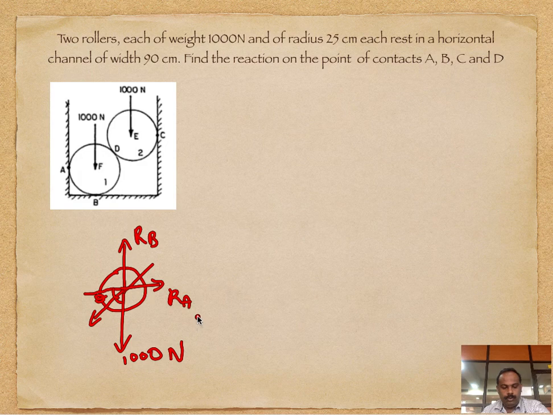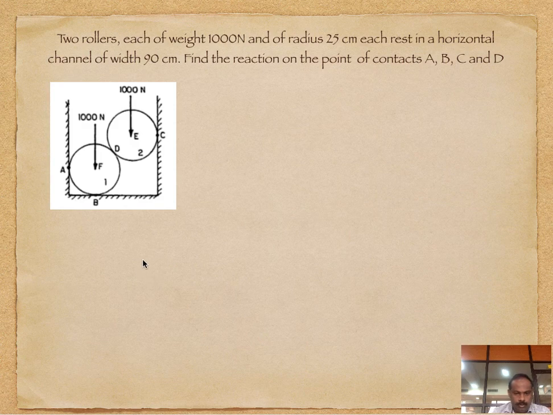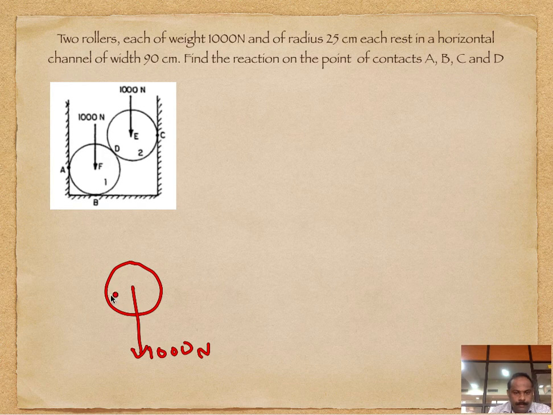I'll try to draw that again. You have a board, self weight acting downwards, 1000 Newton. You have your normal force acting this side. You have your force from the ball acting this side. So this is RA, RD, and RB is acting upwards.